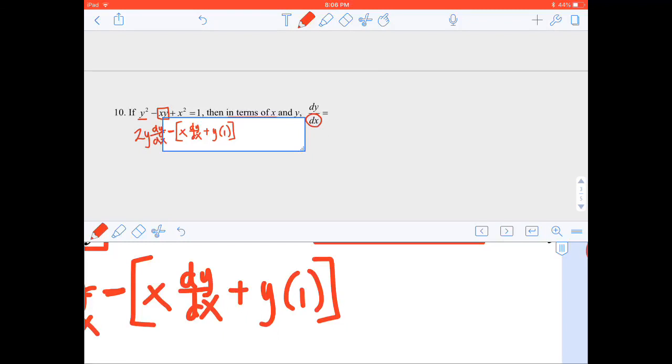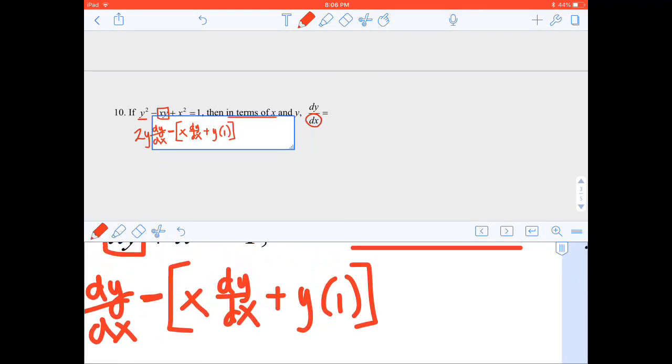So this is our product rule. Actually, I think I did it backwards from the way that I've taught you guys. Derivative of the first function, let me go back here.